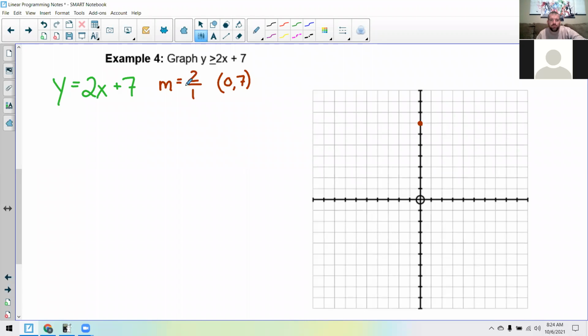And since my slope is 2 over 1, I'm going to go up 2, 1, 2 over 1. So I'm right there. So I can erase those jump marks. I don't want to get too confusing here. So there's my 2 points. And now I'm going to connect them since it's greater than or equal to with a solid line.